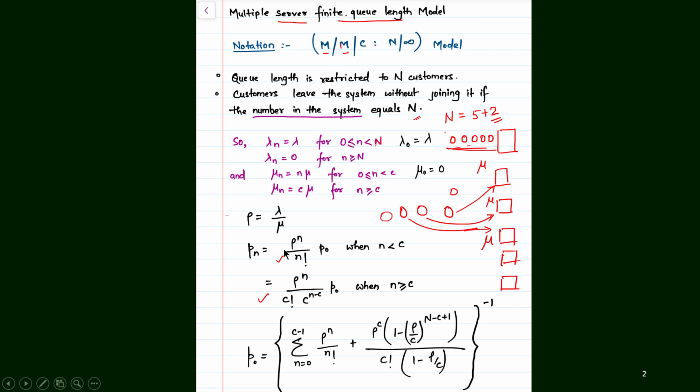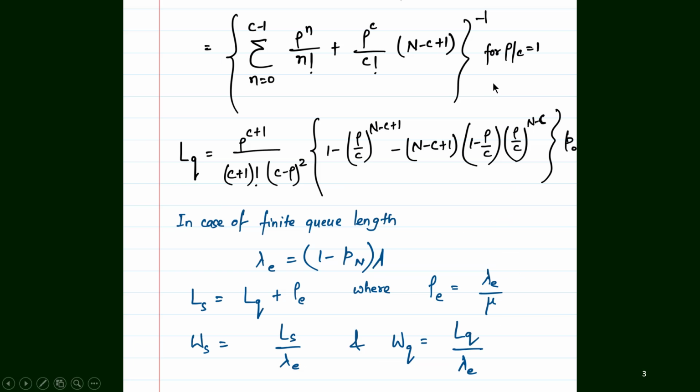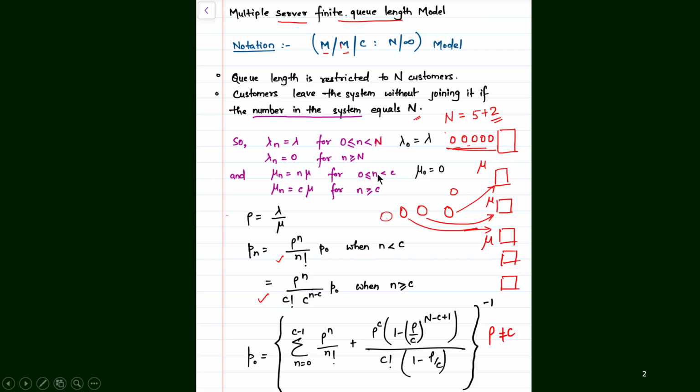This formula is actually for rho by c not equal to 1. Generally it is less than 1 or greater than 1, but it should not be equal to 1, then this formula will be used.